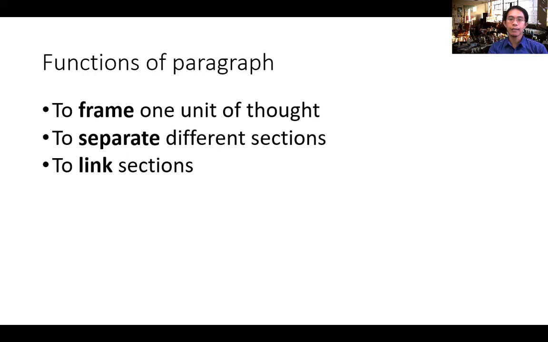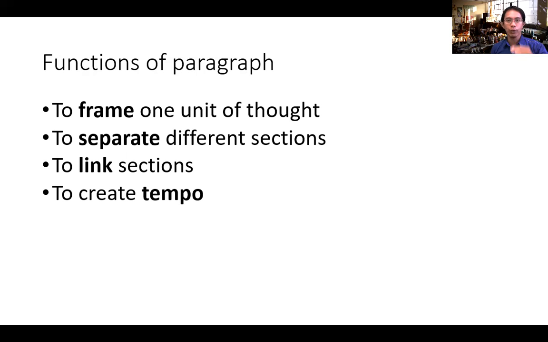But these are not all, okay? It can also create tempo. How do you create tempo with a paragraph? When you write dialogues, the tempo tends to be quick because one person says something, another person responds to that, and the first person replies again, and so on.